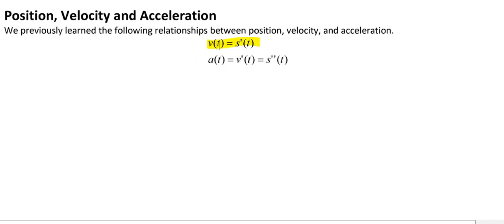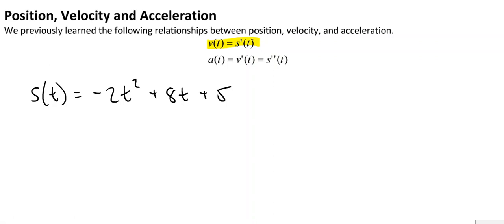V is for velocity, with respect to time. S is always what we use for a position function, and the derivative of the position function is the velocity function. As an example, let's say we have a position function, something like negative 2t squared plus 8t plus 5.